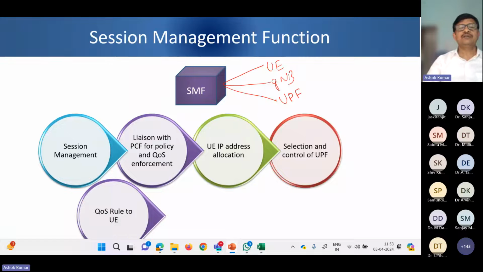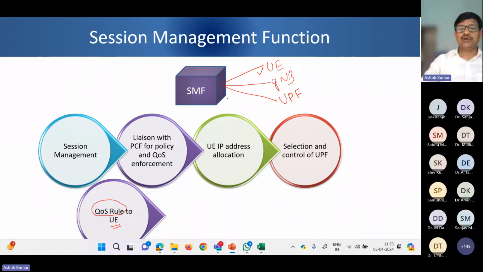So please remember, when SMF provides QoS related information to UE, it is called QoS rule. It is provided to user equipment before a PDU session is created.